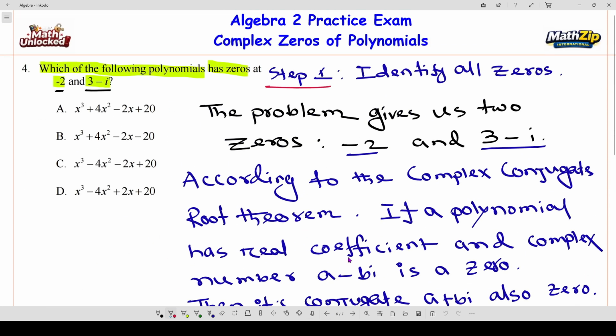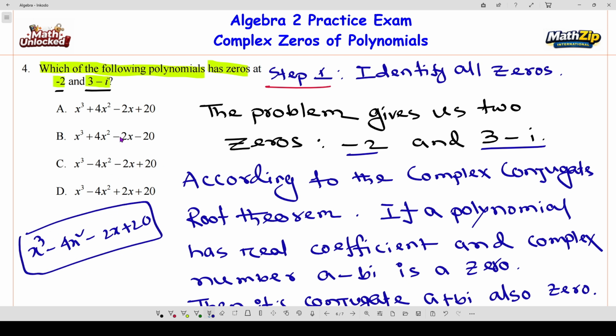Which one is similar? Options with plus 4x square or plus x square are out. So x cube minus 4x square minus 2x plus 20 means our right answer is number C.